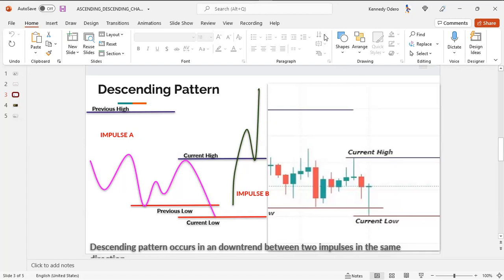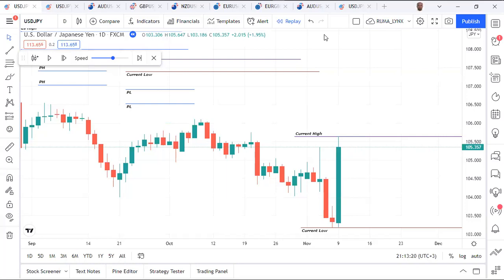So I'm going to share my screen for the chart. I'm going to stop this one so that we spend more time and I show you how you identify the patterns on the charts. All right, here we go.